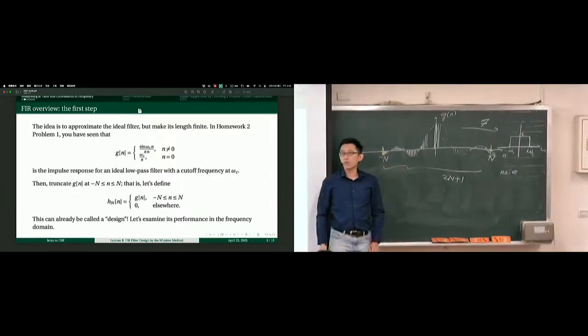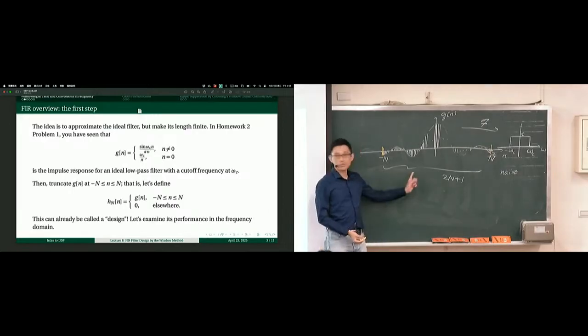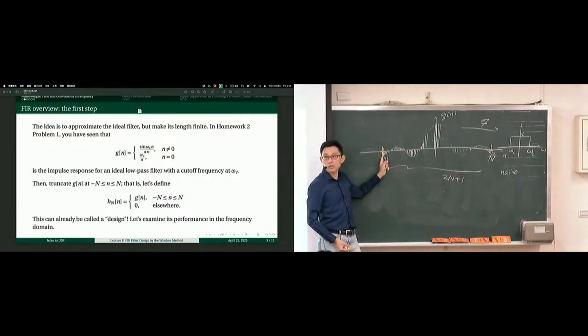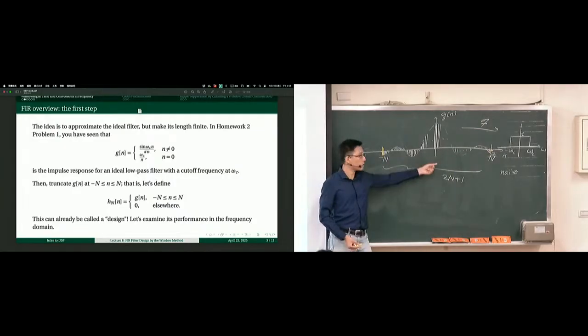Yes and no. It's not causal yet, but we can shift it all to the right. Now redefine your time zero: this is the first sample, and the one next to it is the second sample. This is something that can be stored in your computer. If you allow a delay by n samples, this can be implemented.